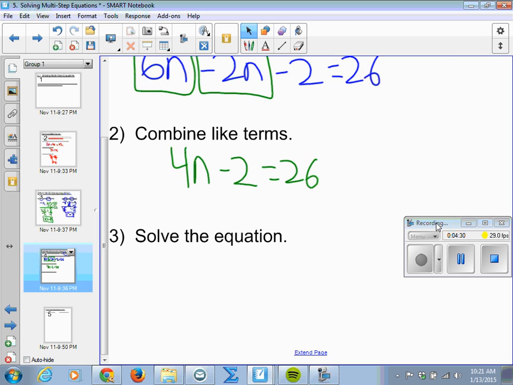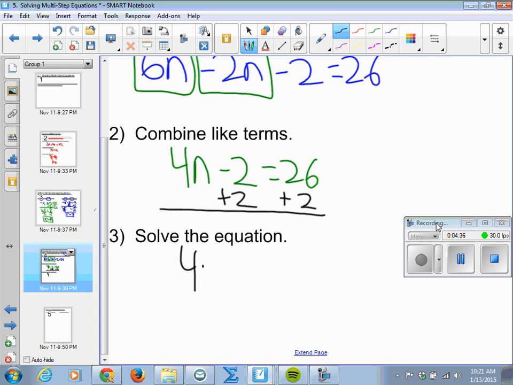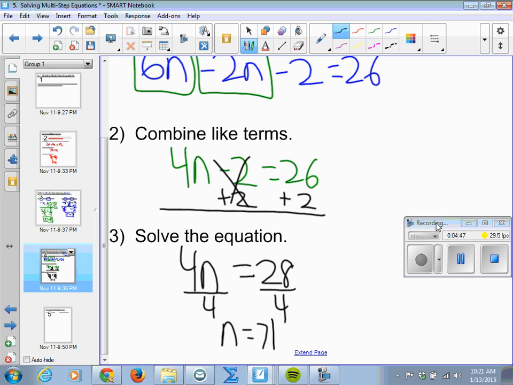So we're going to add 2 to both sides. Gives us 4n equals 28. Divide both sides by 4. Keep those good habits, both sides. N equals 7.